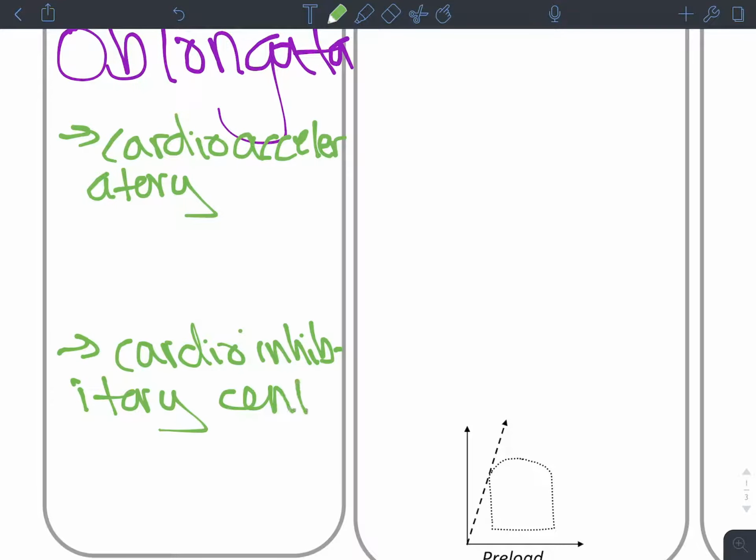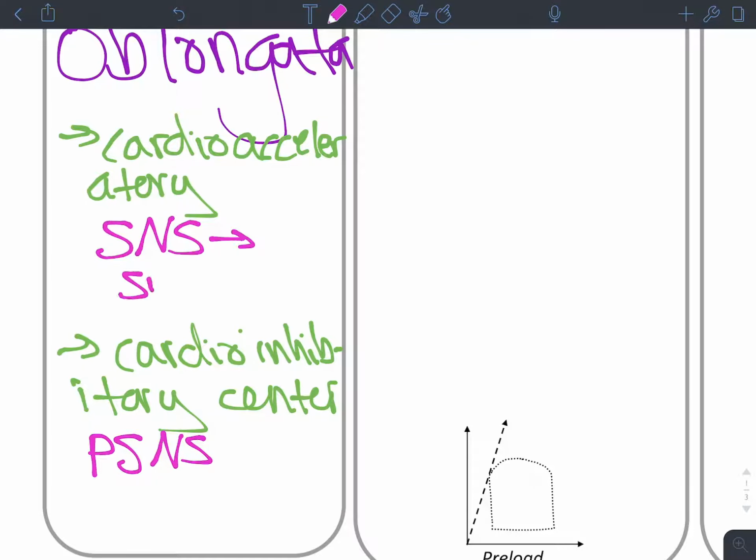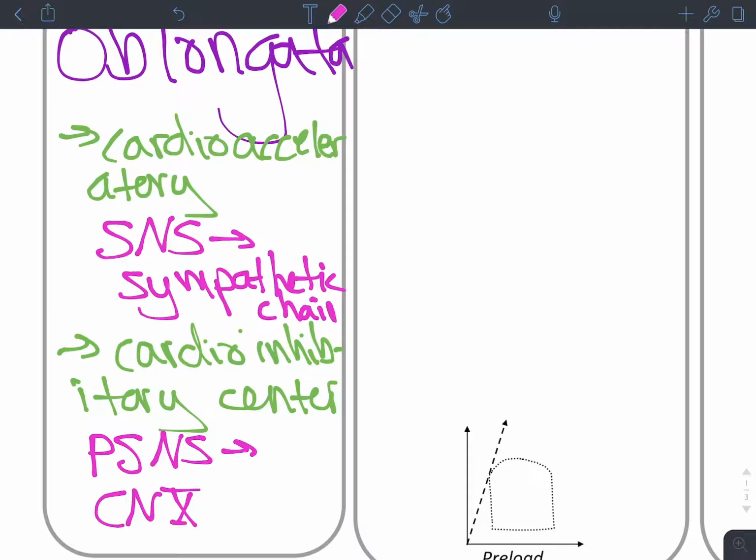The cardioacceleratory center is mainly going to be sympathetics, so sympathetic nervous system, and the inhibitory center is going to be parasympathetic nervous system. Awesome. So sympathetics are going to be delivered to the SA node via the sympathetic chain, and parasympathetics are going to be delivered to the SA node via cranial nerve 10, the vagus.